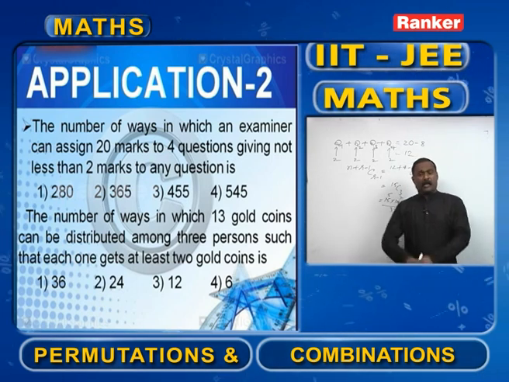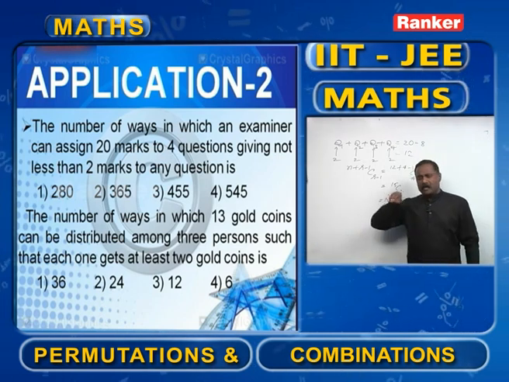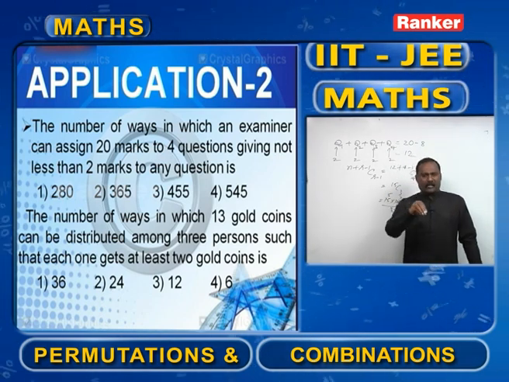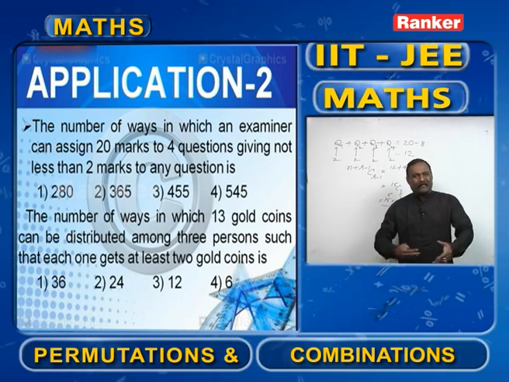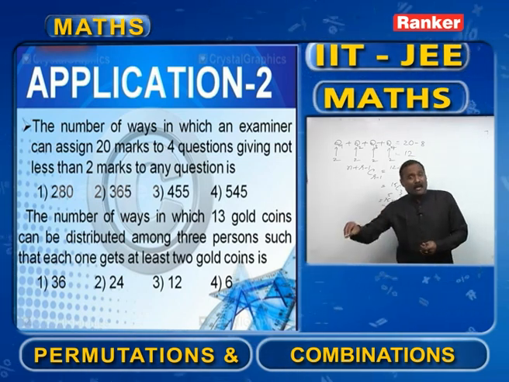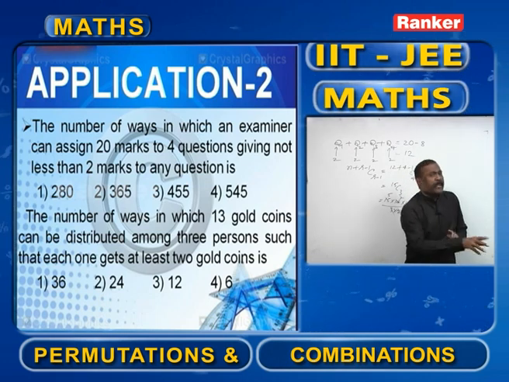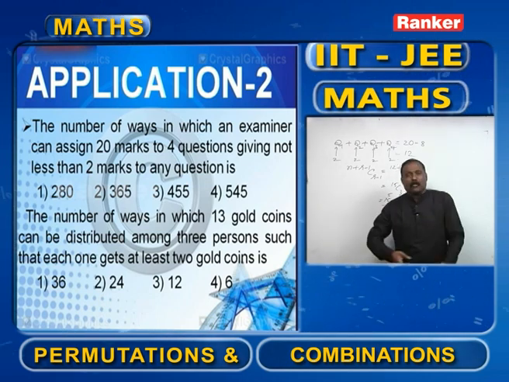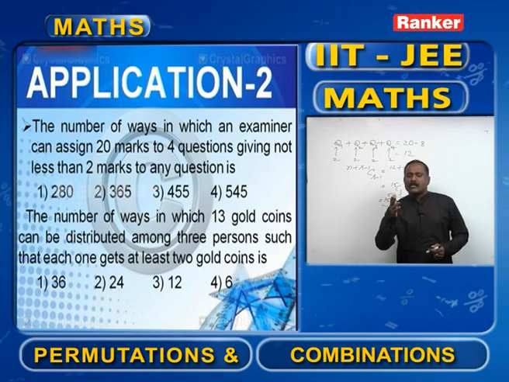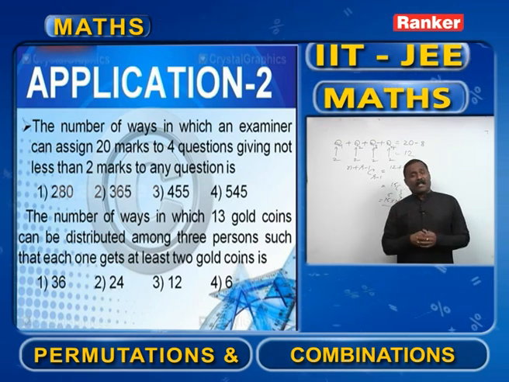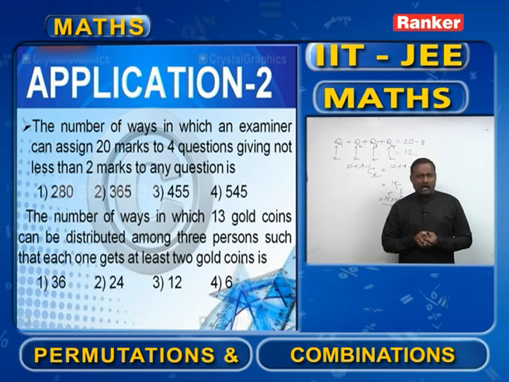So first of all, 3 persons are sitting before you, and you give 2 coins to the first person, 2 coins to the second person, 2 coins to the third person to fulfill the restriction. What is the restriction? 2 coins must be given to each of the persons. So how many coins are distributed? 6 coins. How many coins are there in total? 13. 13 minus 6 is 7.